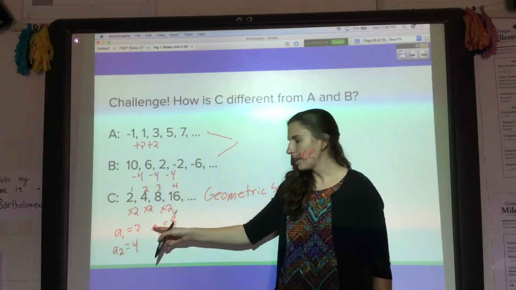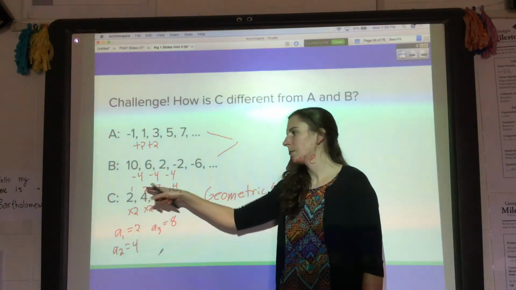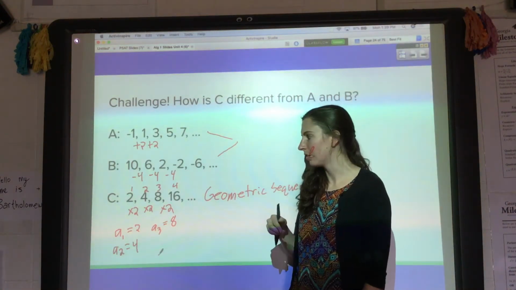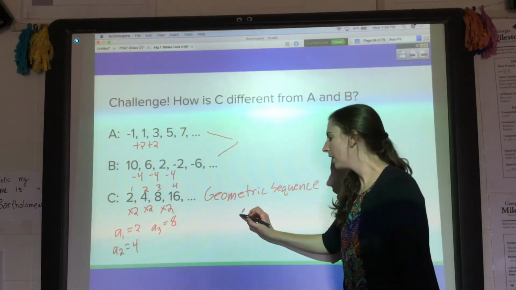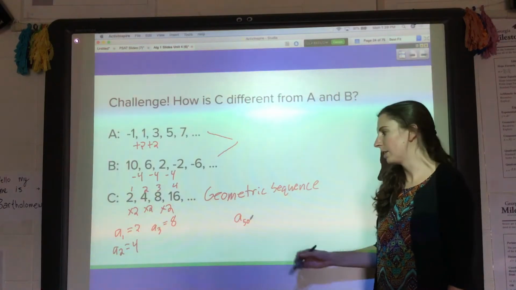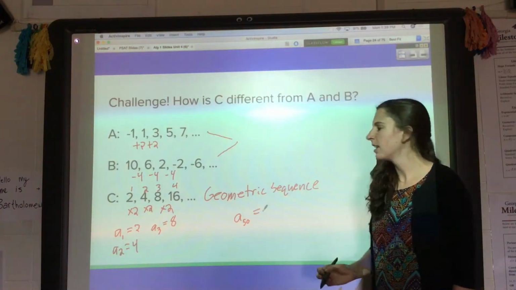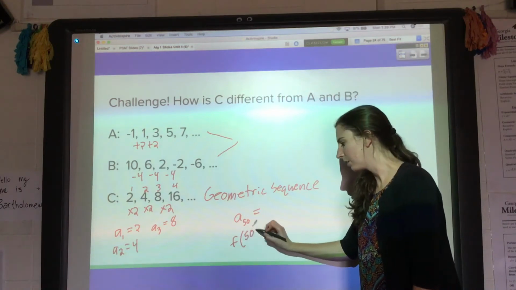We just use A to say that it's a sequence, and then the little subscript here represents the term number itself. And then the actual term is like the output. So if I want to know A50, I'm asking what is the 50th term in the sequence. It's basically the equivalent of having a function and then plugging in a value like 50.